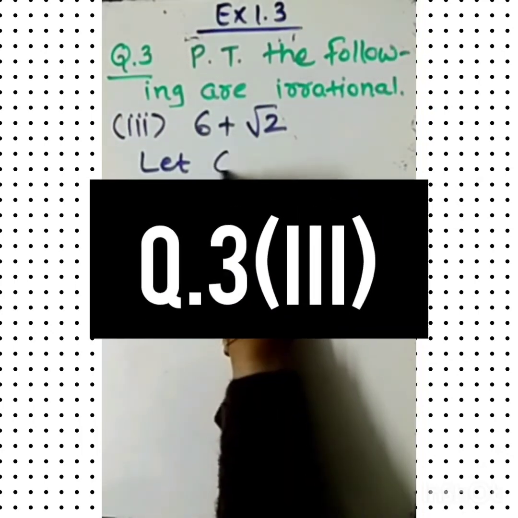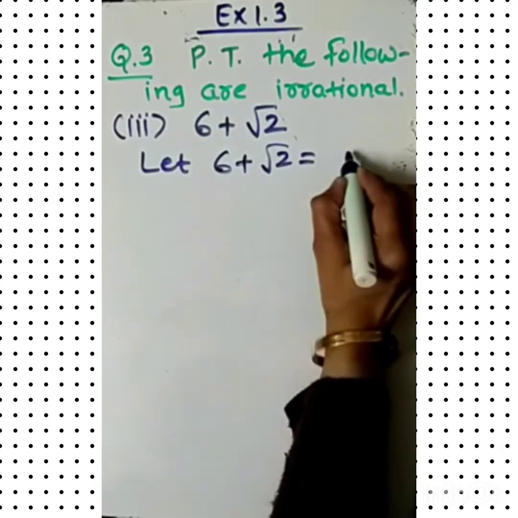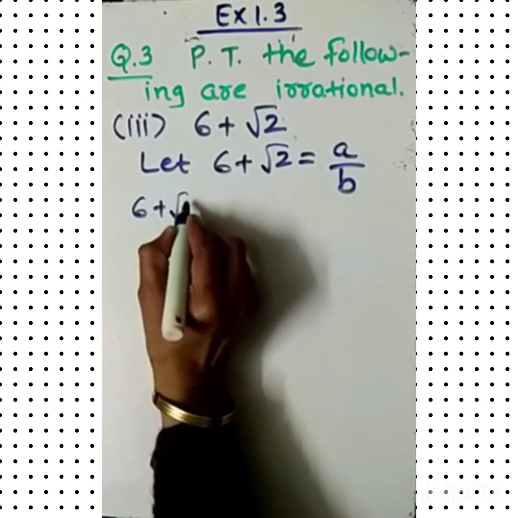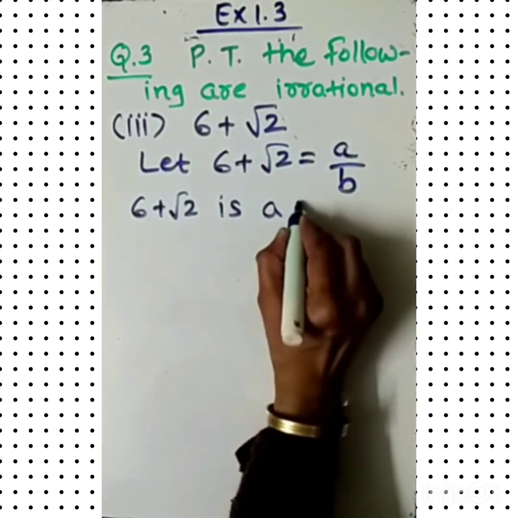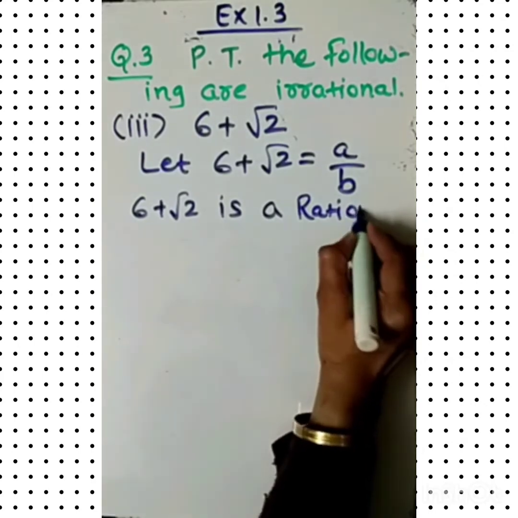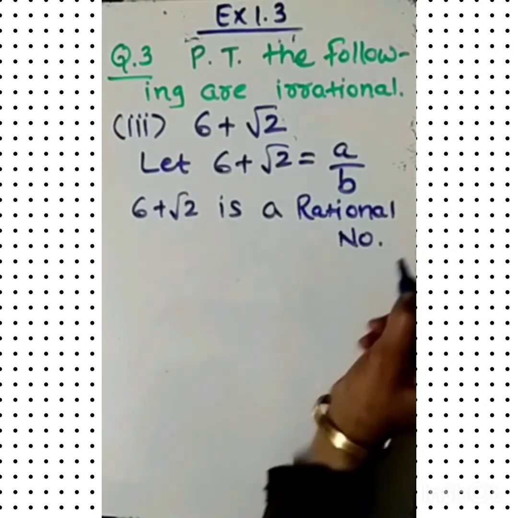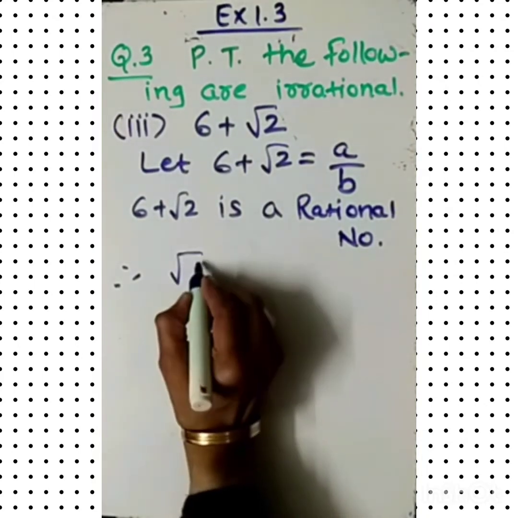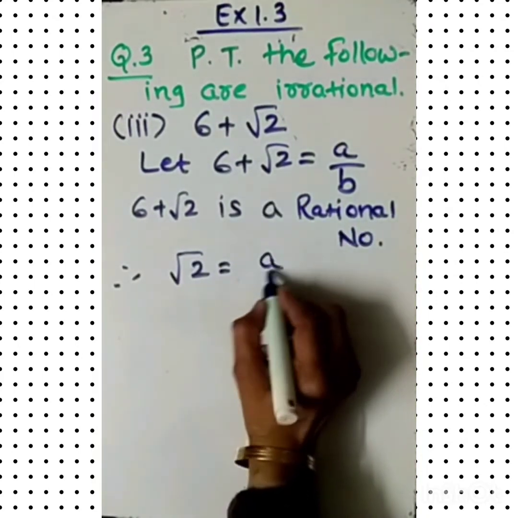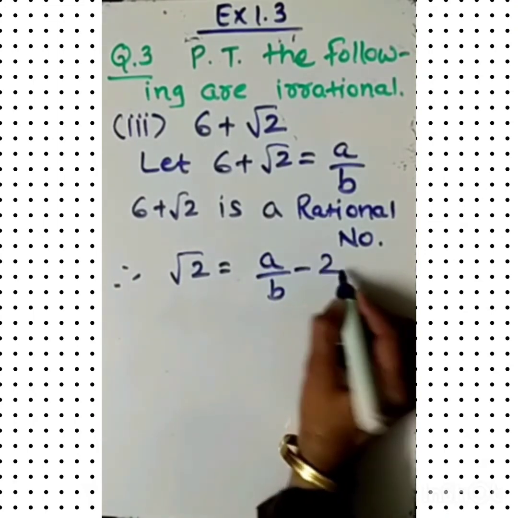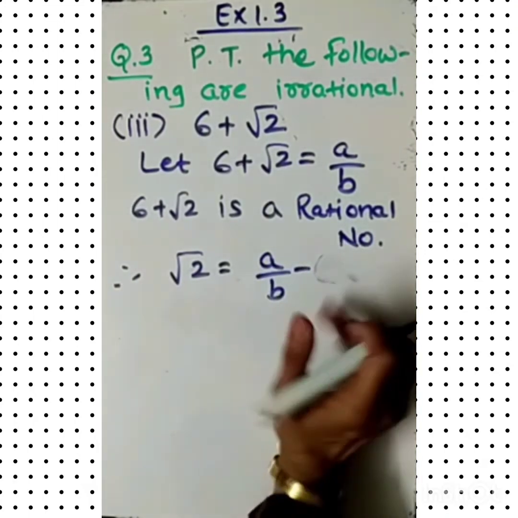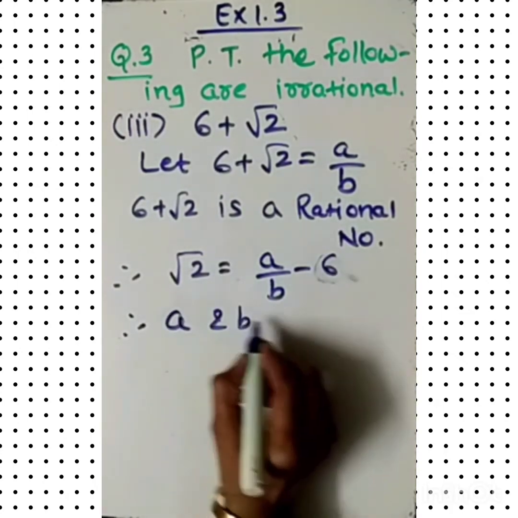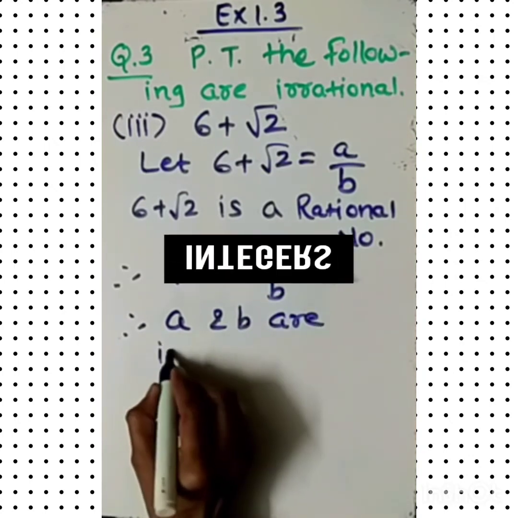Let 6 plus root 2 equal a by b. It means 6 plus root 2 is rational, we are assuming. मान लो it is a rational number. Therefore, we can say, let's bring this 6 to this side. It gives the result this. Here it is 6. Now, we know that a and b are integers.